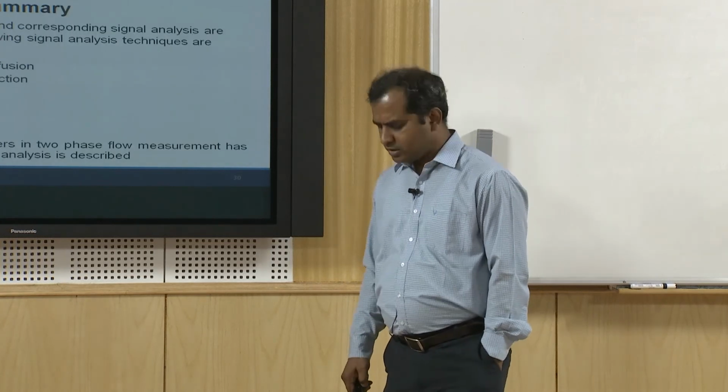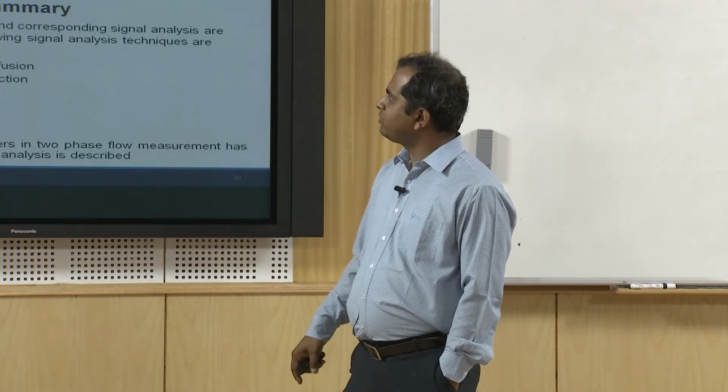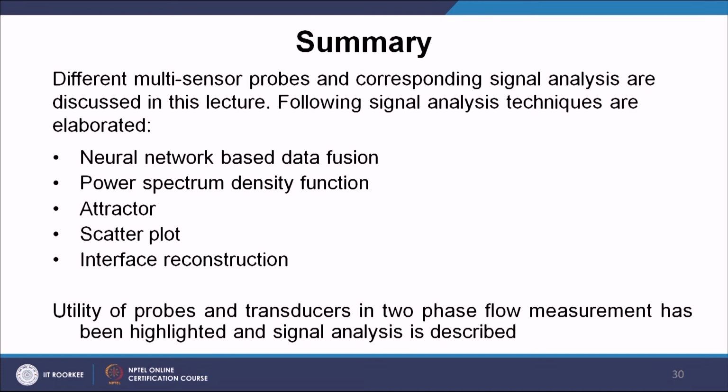Now, to summarize, in this lecture we have understood different sensor techniques, and how signal analysis can be done to obtain features from the two-phase flow occurring inside the pipeline. In the first example I showed you neural network based data fusion. In the second lecture we talked about the power spectrum density function, PSDF.